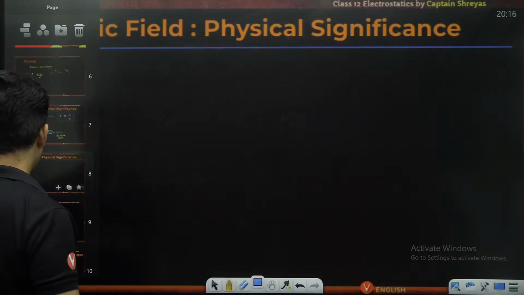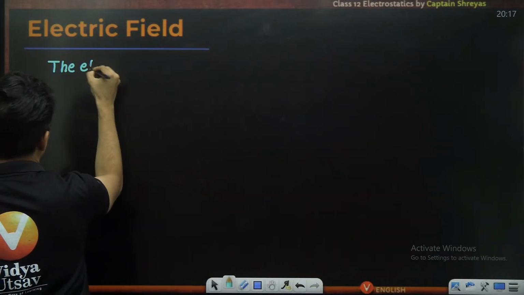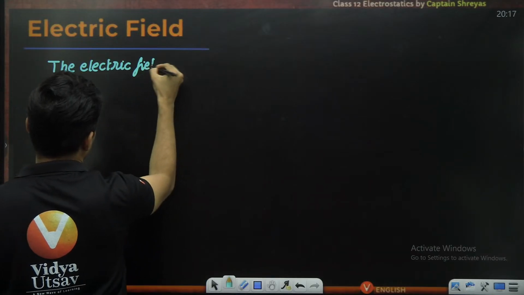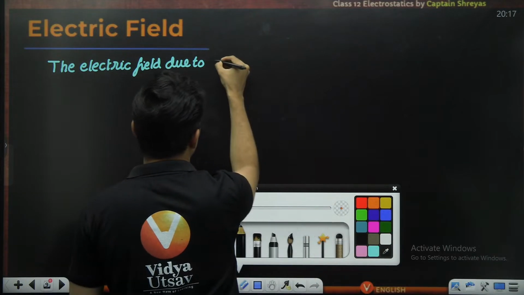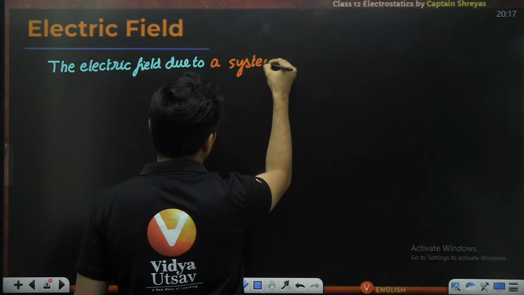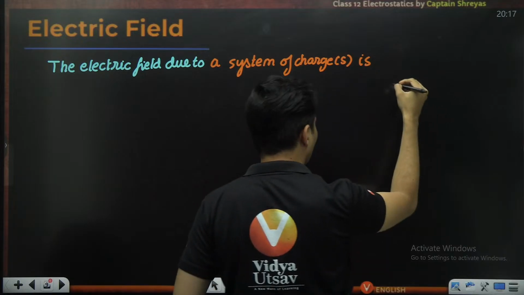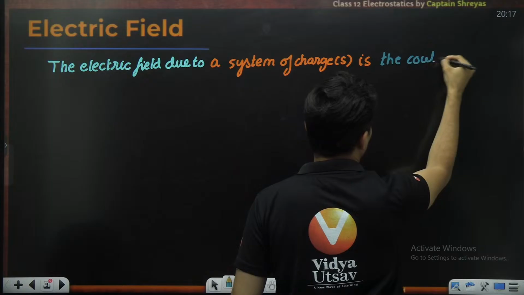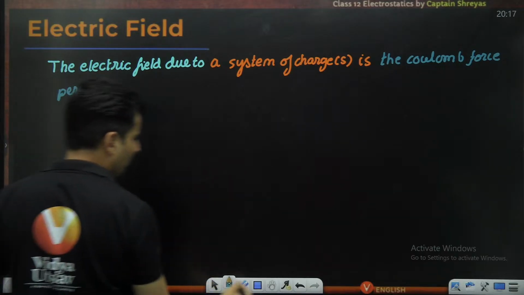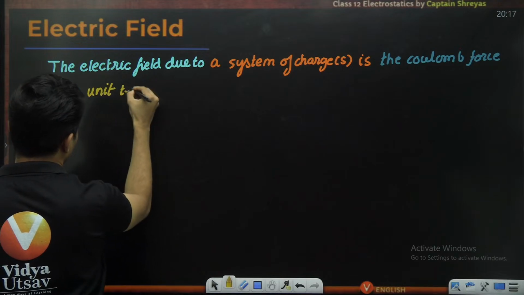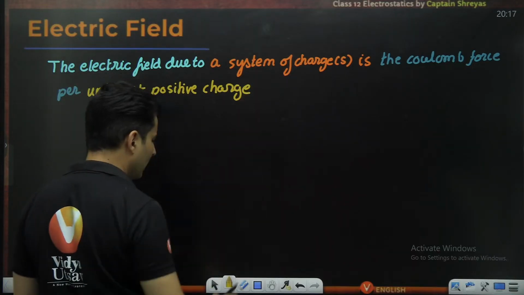So just to come back and tell you, I can say that the electric field due to a system of charge or charges is the Coulomb force per unit test positive charge.